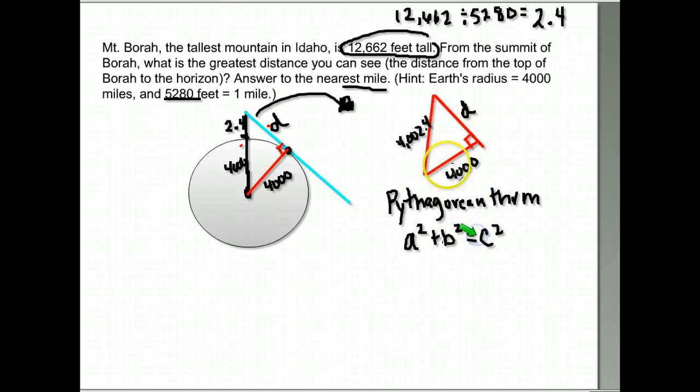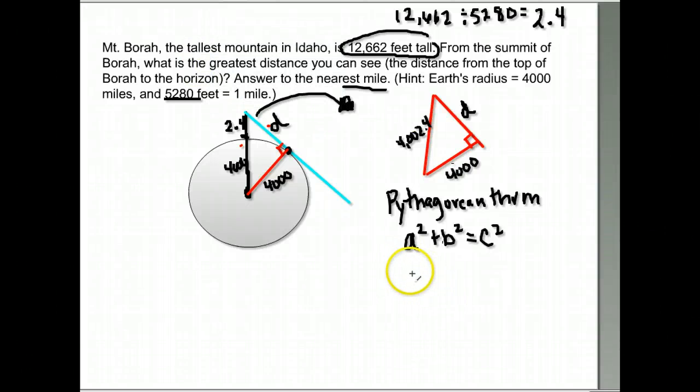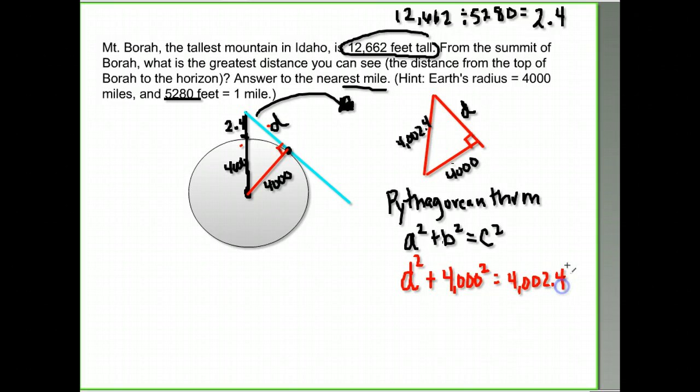C is always your hypotenuse, so that's always your longest side, the hypotenuse that's across from the right angle. So now let's fill in our information here. a squared, that's my d. I don't know its measure, so I'm just going to call it d squared, plus the other leg, 4,000 squared, equals the hypotenuse squared, so 4,002.4 squared.